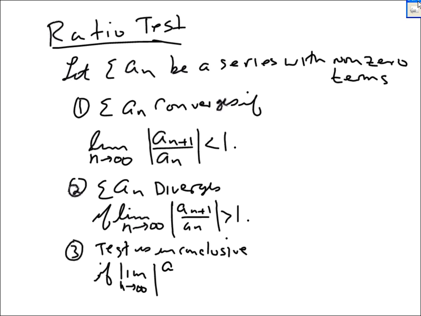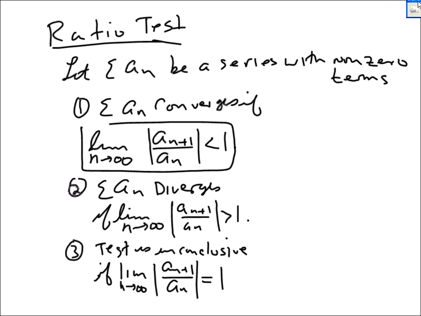Now, I'm not suggesting that these results are obvious. That is, just because this limit is less than 1, it must converge. And if it's more than 1, it will diverge. And if it's 1, it's inconclusive.